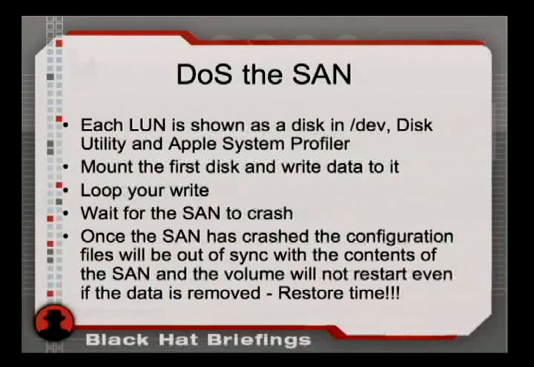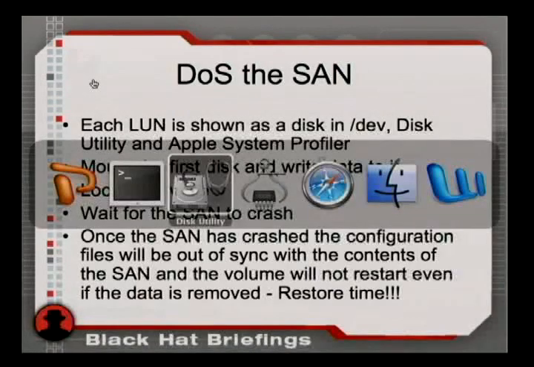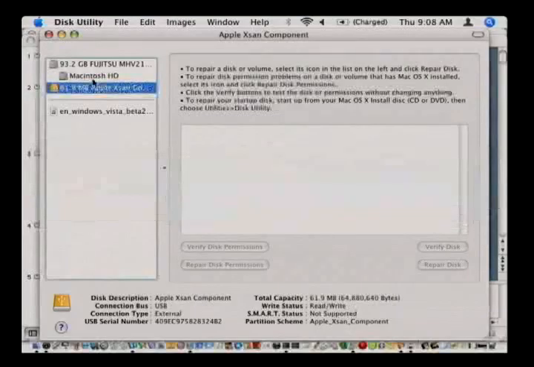All right, so if the metadata line is destroyed, then obviously the SAN won't function anymore. Each line is shown as a disk in the dev directory. If you don't know which disk each line is, you can always look in Apple System Profiler or in Disk Utility.